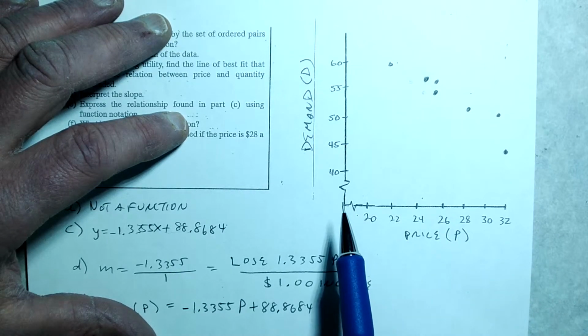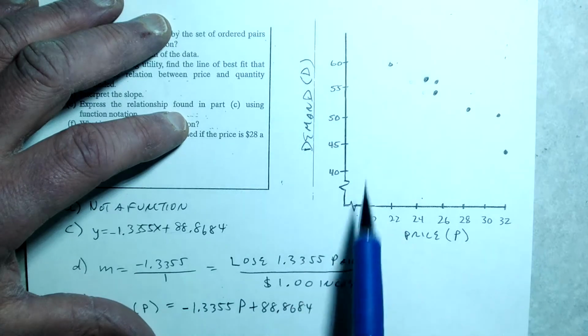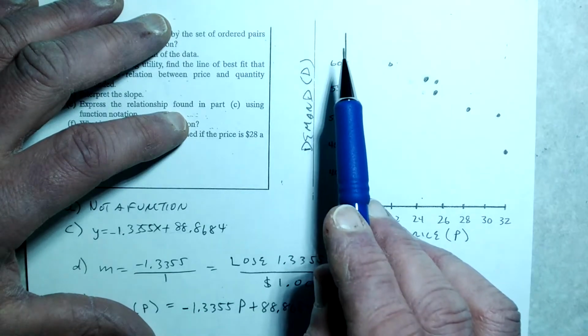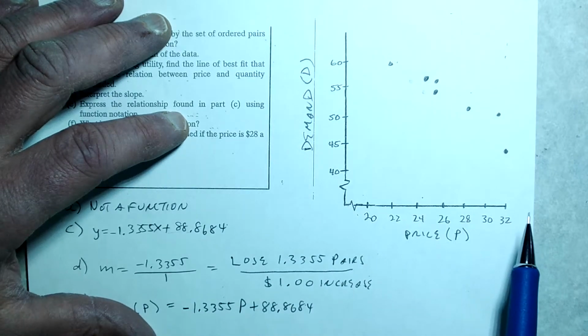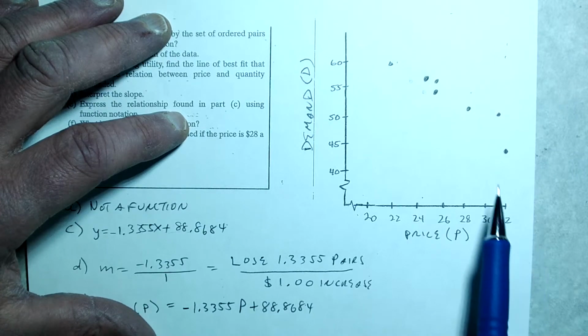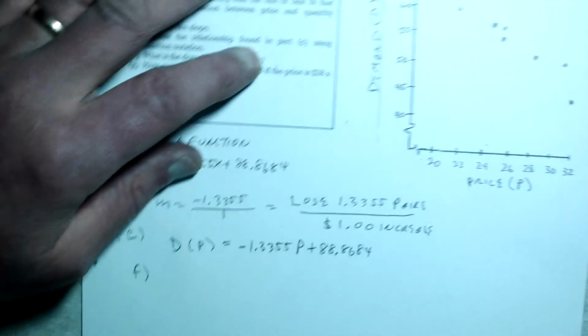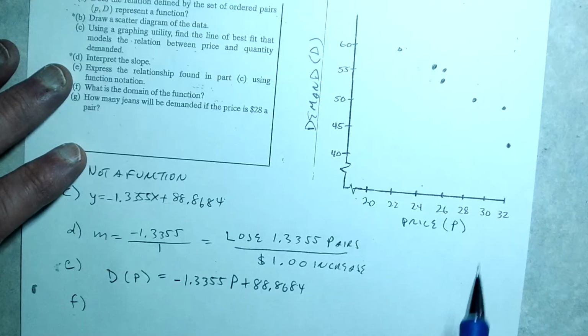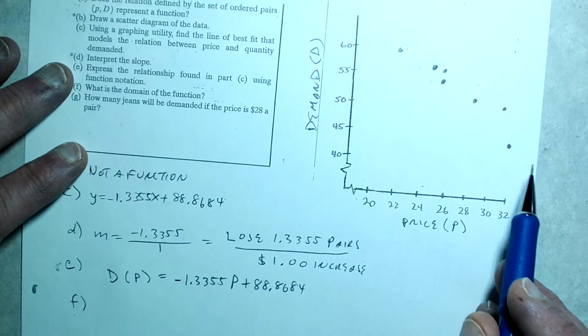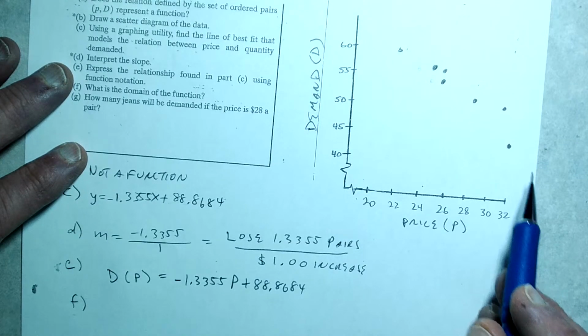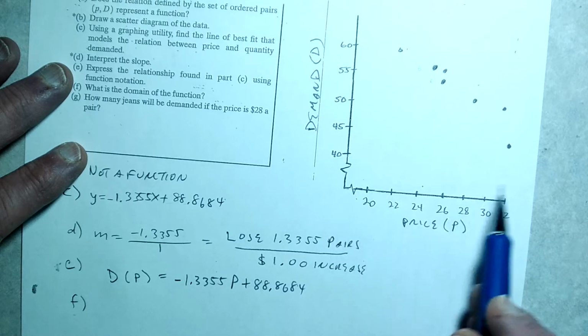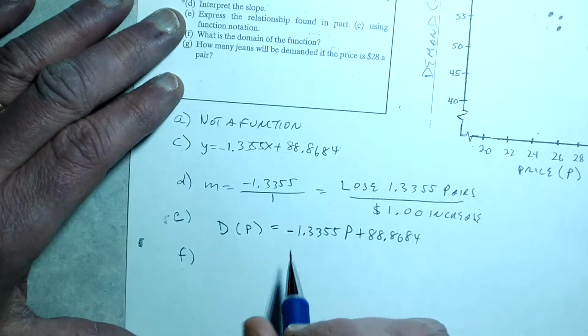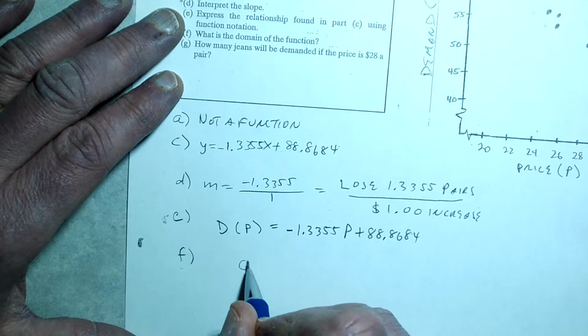Where do we end up as we approach 0? How many jeans would we sell? And where would the demand for jeans be 0 as the price gets too high? So to come up with the place at which people no longer want to buy jeans because the price is too high, we could just say, well, where would the demand be 0?